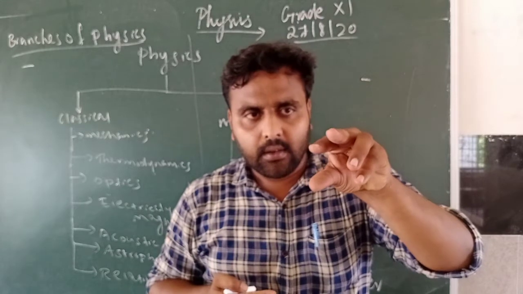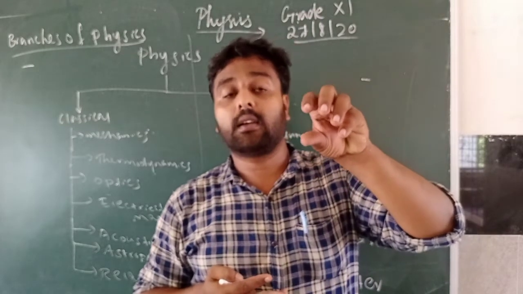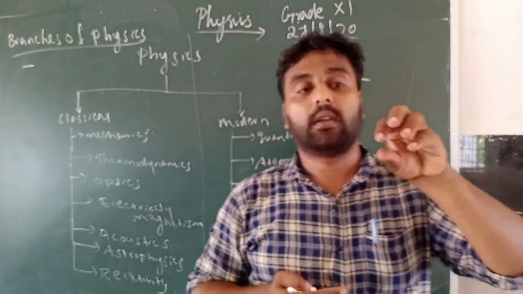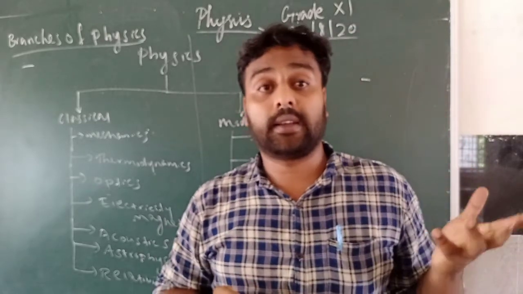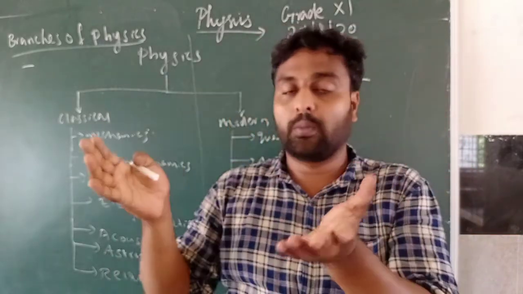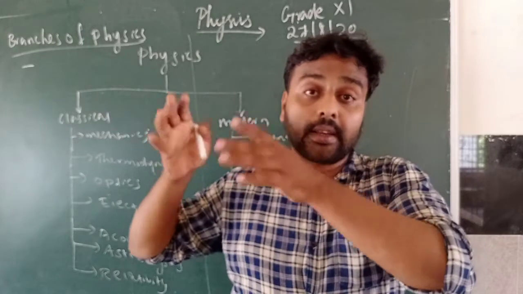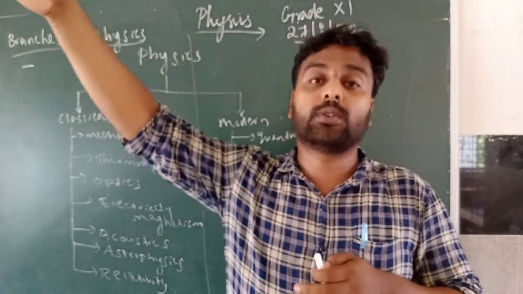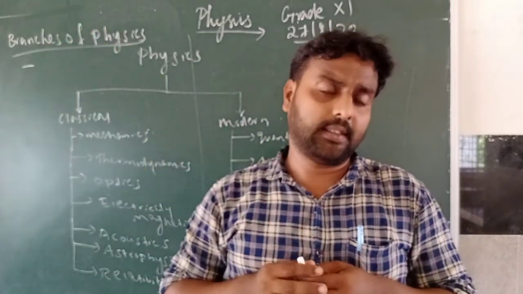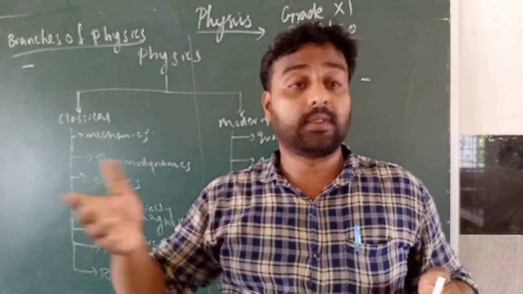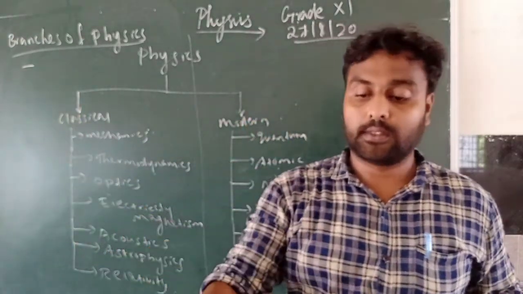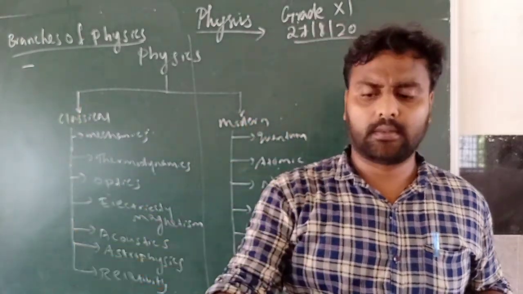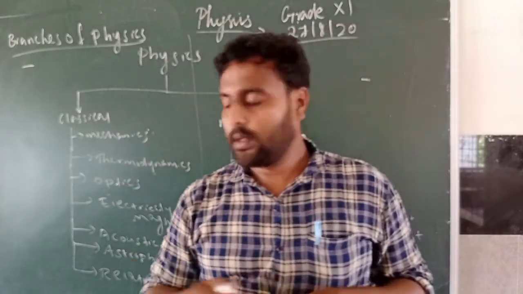A magnet is there inside all the electrical equipment like a generator. Inside, one big magnet is there. Because of that magnet, it produces electricity. So we will study that. We will discuss this topic clearly in 12th grade.